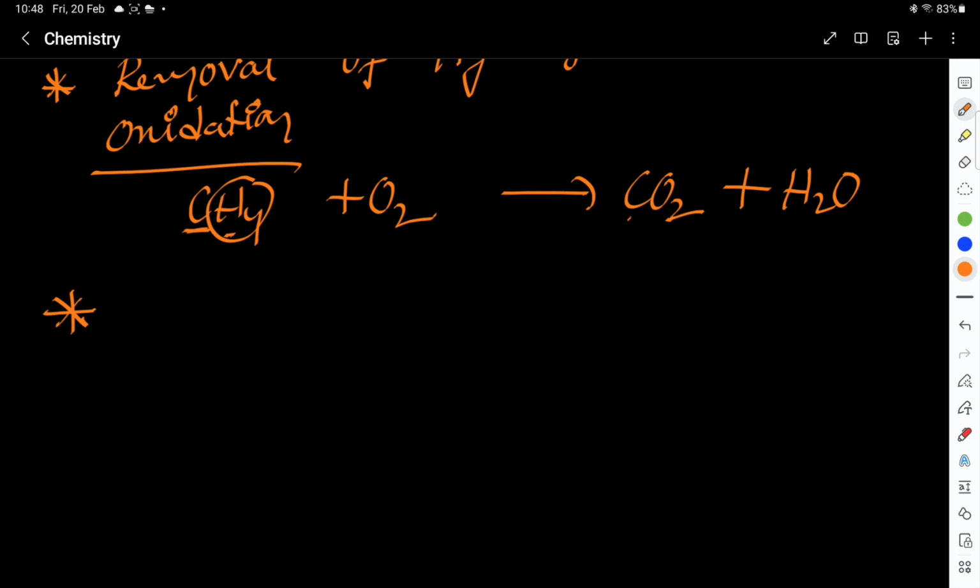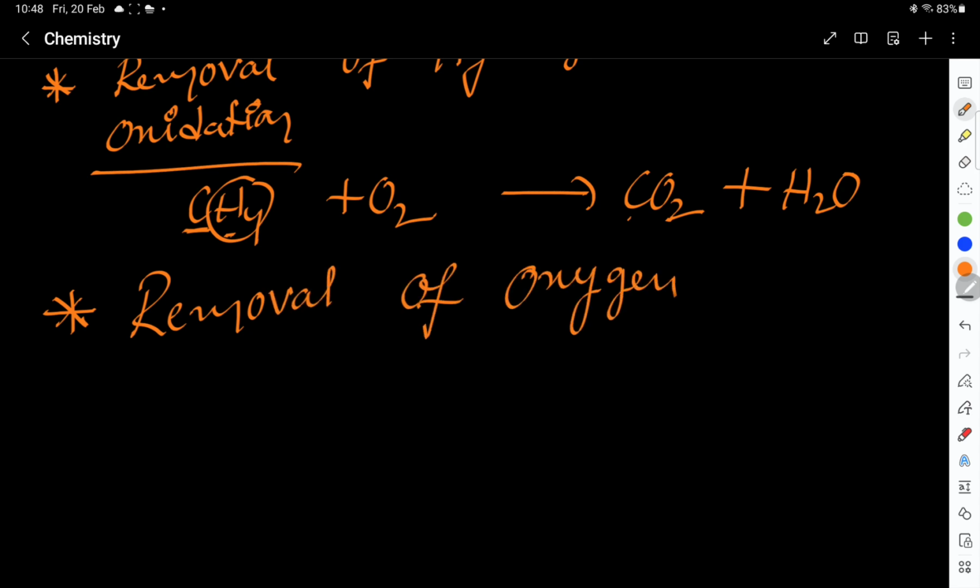Therefore, what is oxidation? Removal of electrons is called oxidation.